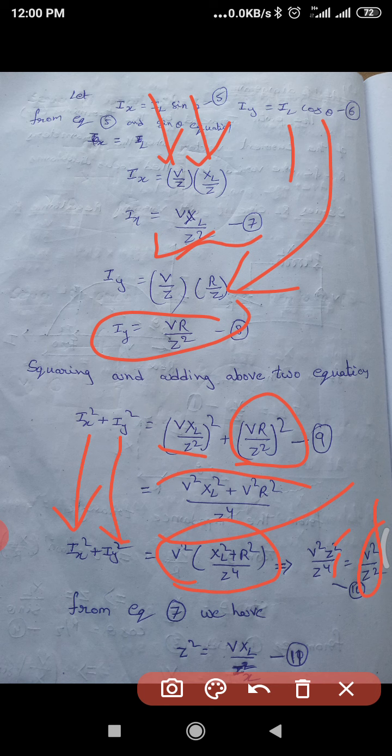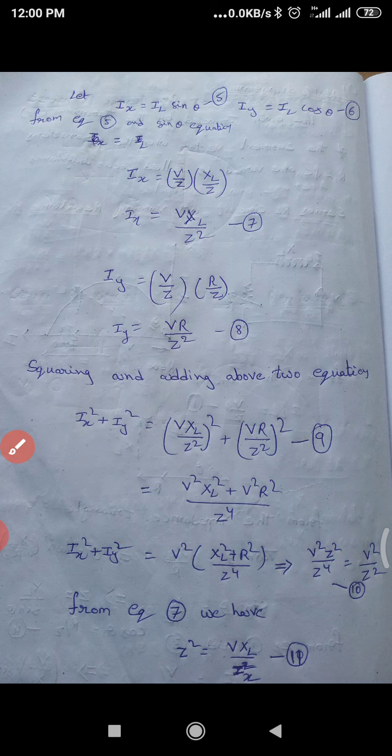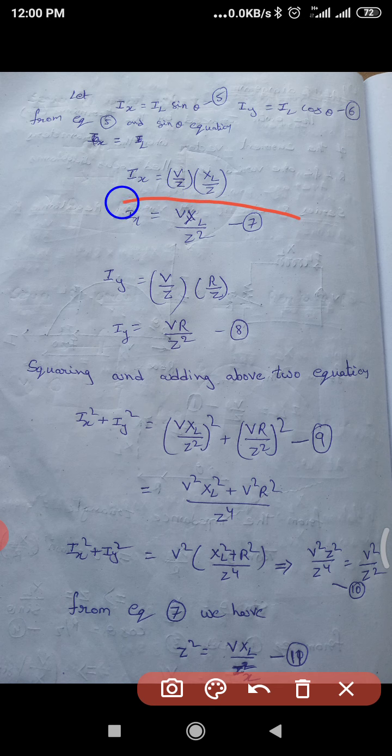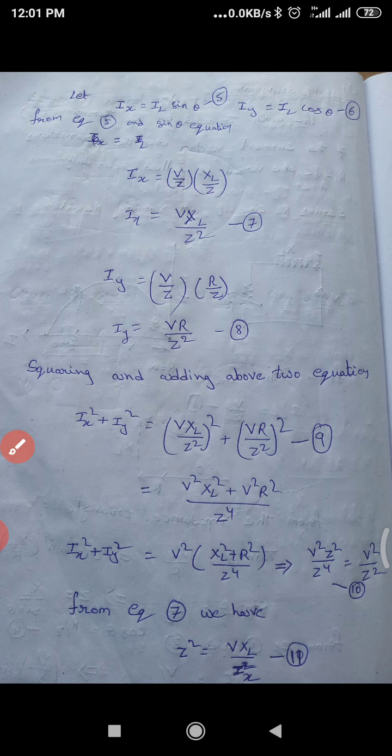From equation 7, this is the equation number 7, we get Z square is equal to V XL by Iy... I am writing this here.